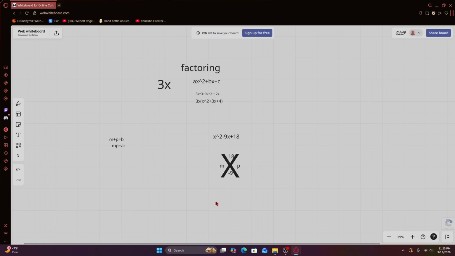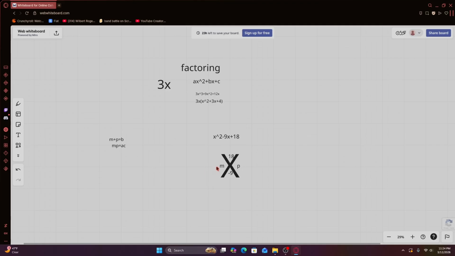So we're going to look at this and say, well, for M and P, to get negative 9, something has to be added to 18. So look at the factors of 18. Since b is negative and c is positive, both factors will have to be negative, but they'll have to add to b.